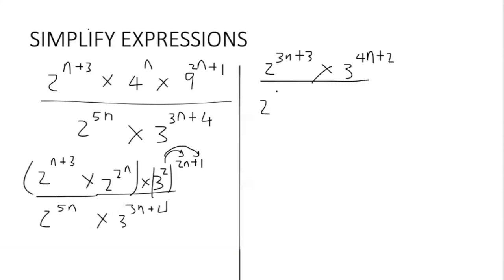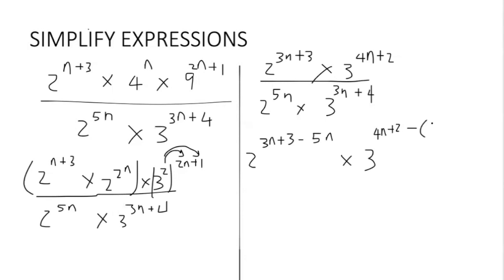Rewrite my denominator, which is 2 to the 5n times 3 to the 3n plus 4. Now, because these are below, it needs division. So I write the base 2, and I have 3n plus 3 minus 5n, times, the base is 3, first power 4n plus 2 minus the second power, which is 3n plus 4.